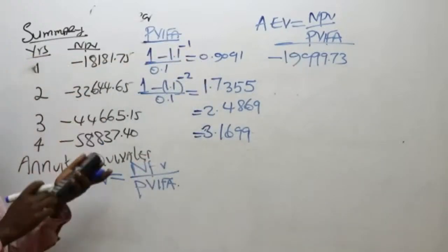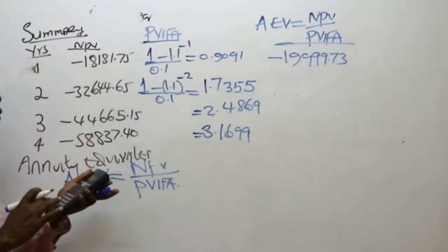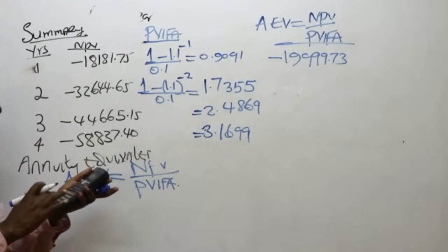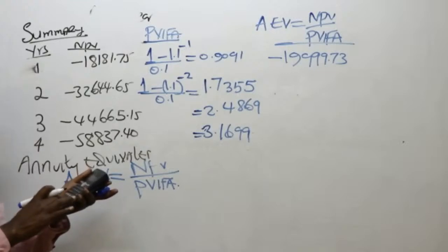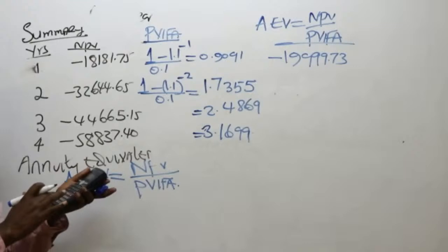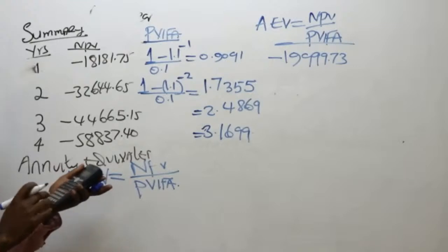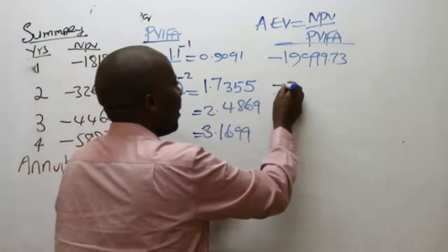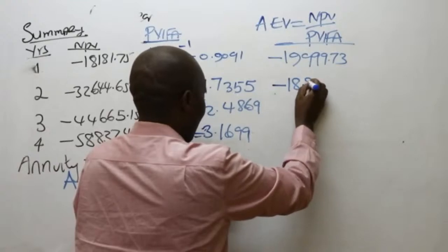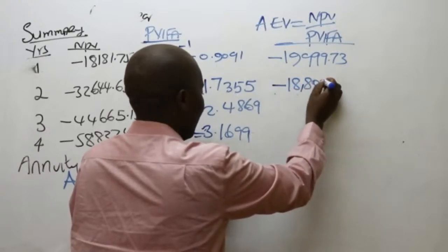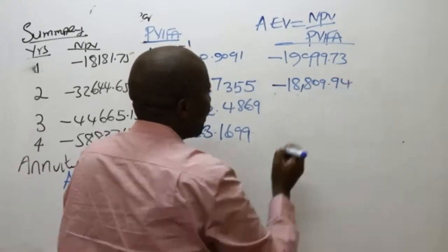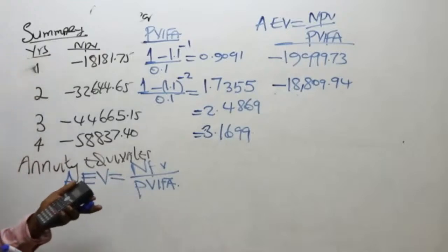Come and take the next one. The next one is minus 32,644.65. Divide this by 1.7355, which will end up giving us minus 18,809.94, 2 decimal places.